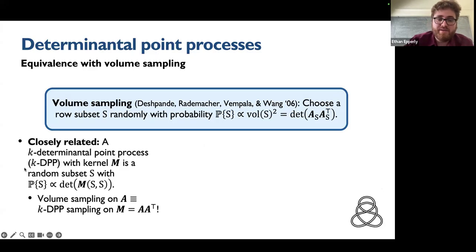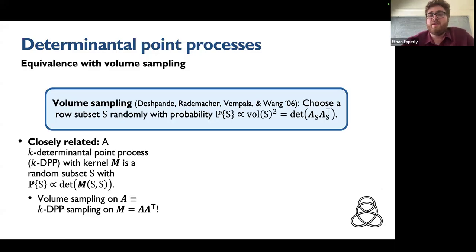And from the definition of a k-determinantal point process and the definition of volume sampling, it's very clear to see that volume sampling on A is the same as k-DPP sampling on M equals A A transpose. And this is a very nice connection to observe because determinantal point processes have been studied in stochastic geometry and probability theory since the 70s at least.